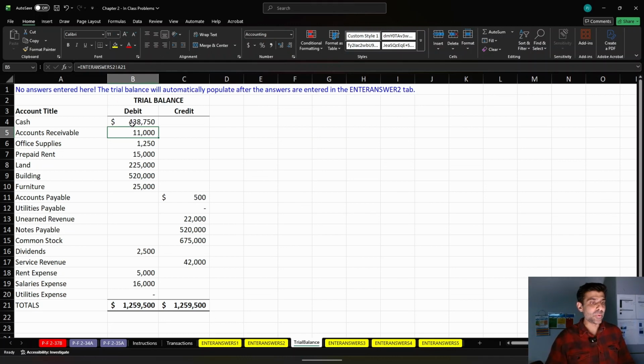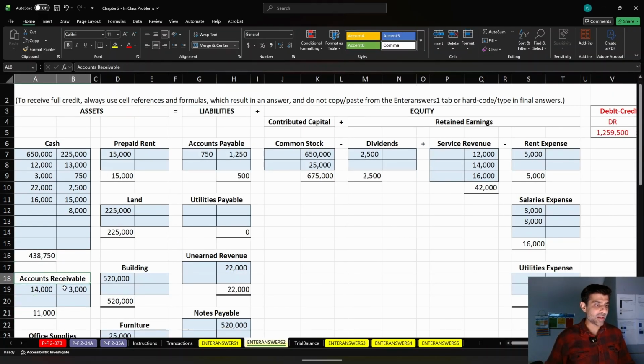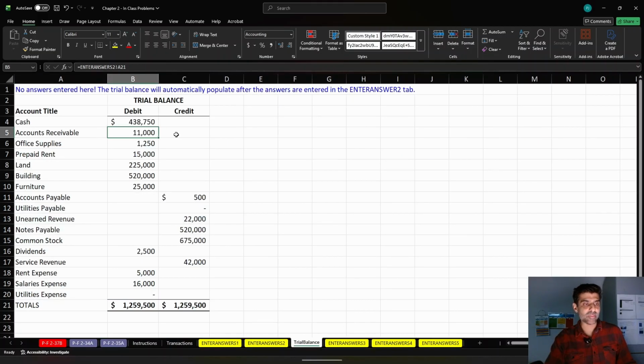Just to show you one more, this 11,000, where is it coming from? It's coming from right here, accounts receivable. We had 2 transactions affecting it, and the balance is an $11,000 debit balance. So you can see in the trial balance, that's where this 11,000 is coming from.